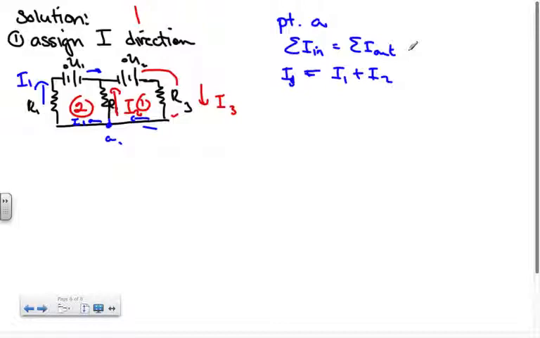Everybody good? Now that we've dictated that point, we can now use the potential difference law.